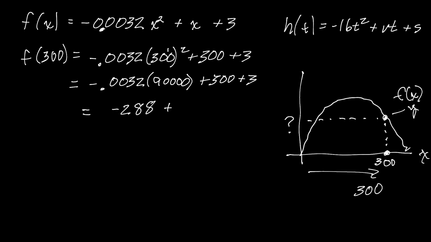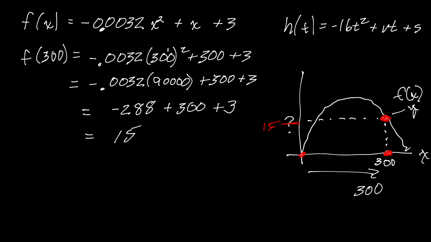For those of you who just like to see it stepped out, plus 3. And then we add those together and we get 15. So this ball is at this height when you're 300 feet away from where it was shot: it is still 15 feet off the ground.